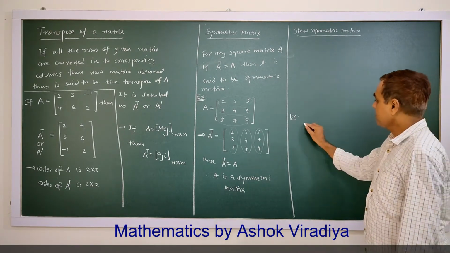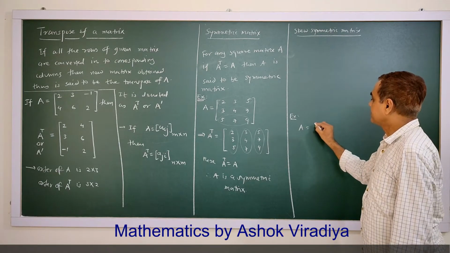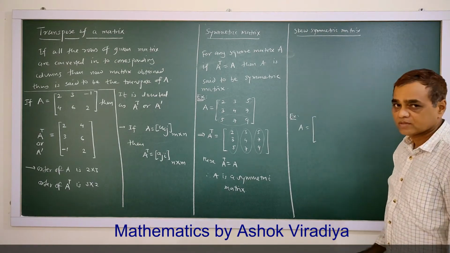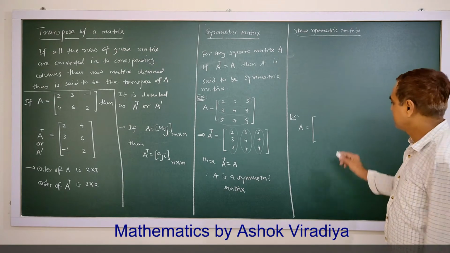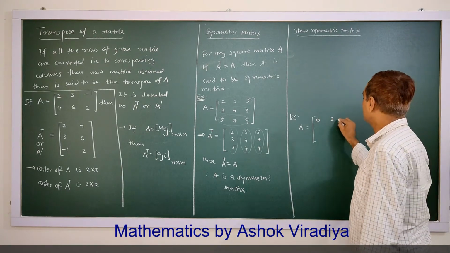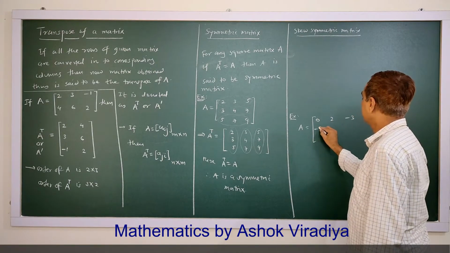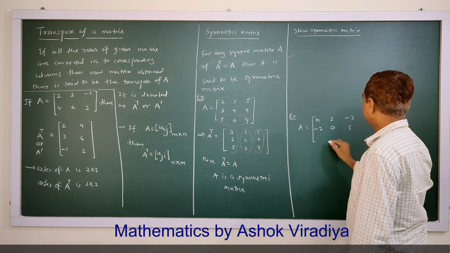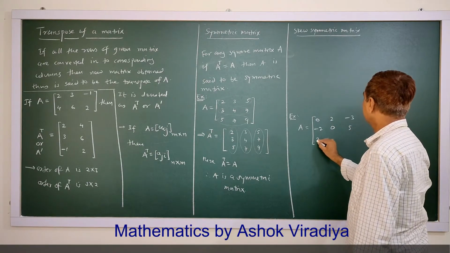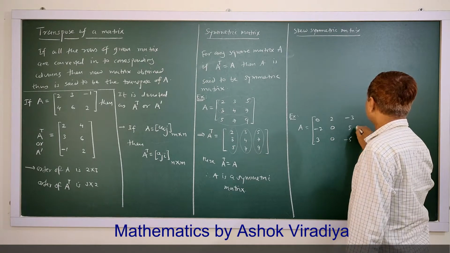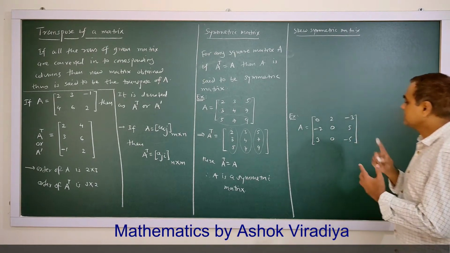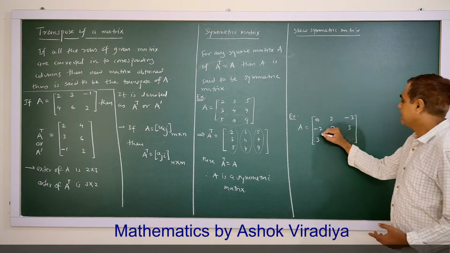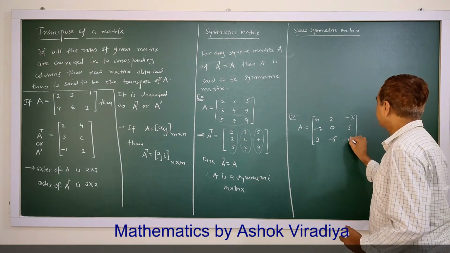Suppose matrix A is a special type of matrix. Suppose I take here 0, 2, minus 3, minus 2, 0, 5, here 3, 0, and here minus 5.